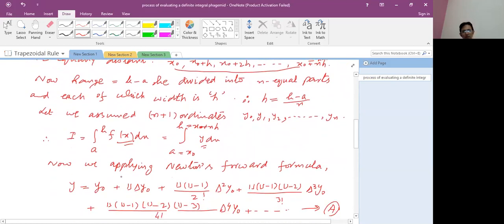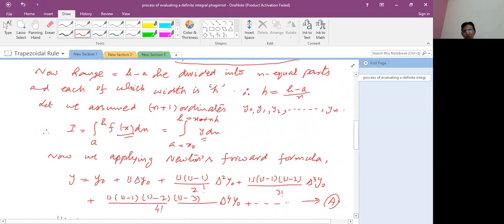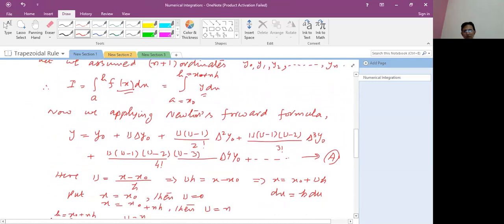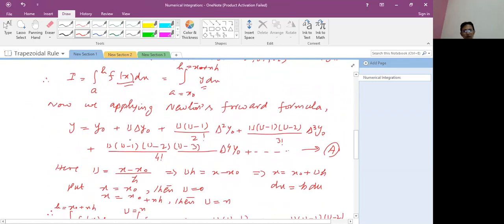So student, with the help of Newton's forward formula, we derive the Newton-Cotes formula. You know Newton's forward formula very well. According to it, we define u as u equals x minus x0 over h.